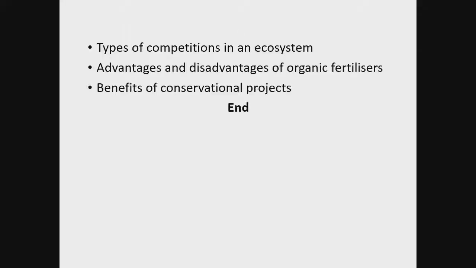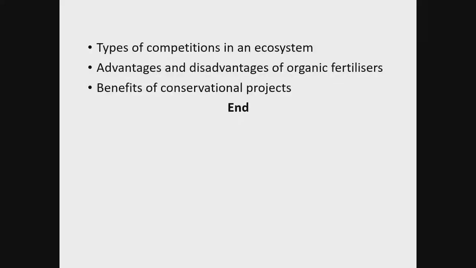Now, for the benefit of a conservation project, you need to look at what conservation is. Why should we conserve species, and not only species but also habitat? It is vital to conserve both a species and the environment, because once you conserve the environment, this is the habitat.